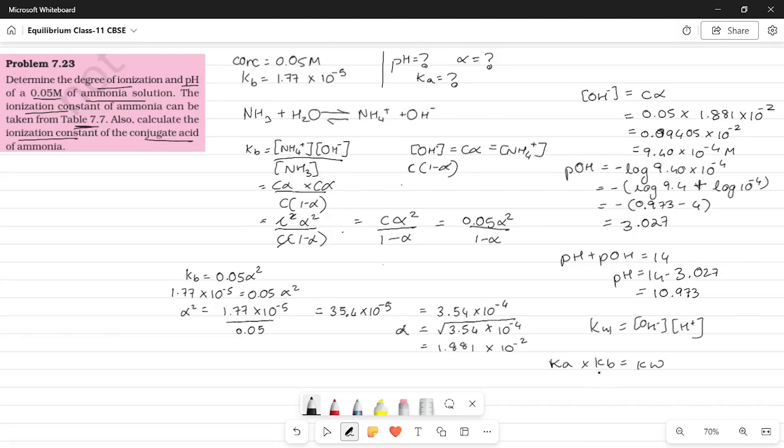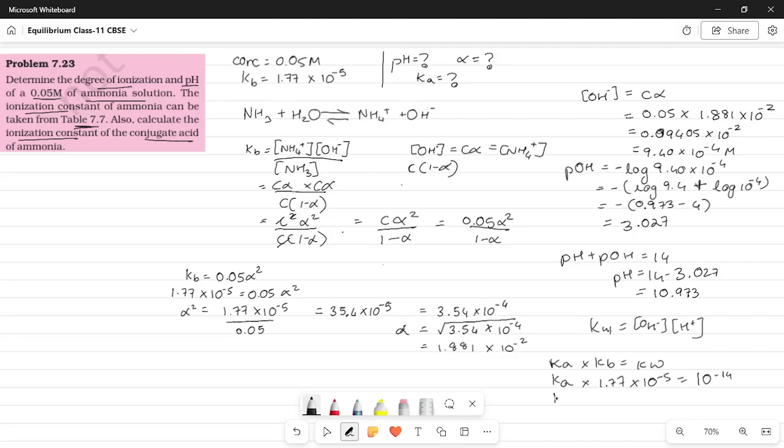We have the value of Kb and the value of Kw, so we can calculate the value of Ka with a simple substitution. So Ka into 1.77 into 10 to the power minus 5 is equal to Kw, which is 10 to the power minus 14.